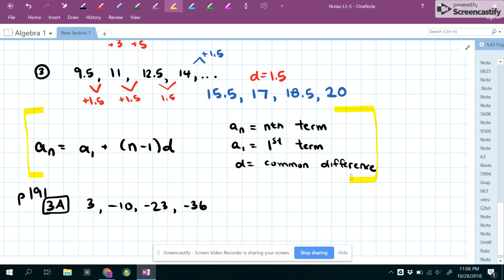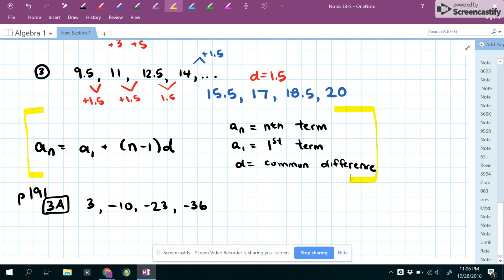A sub n is the number of the term you're looking for, the nth term, and a sub 1 is the first term in your list. And d is still the common difference.